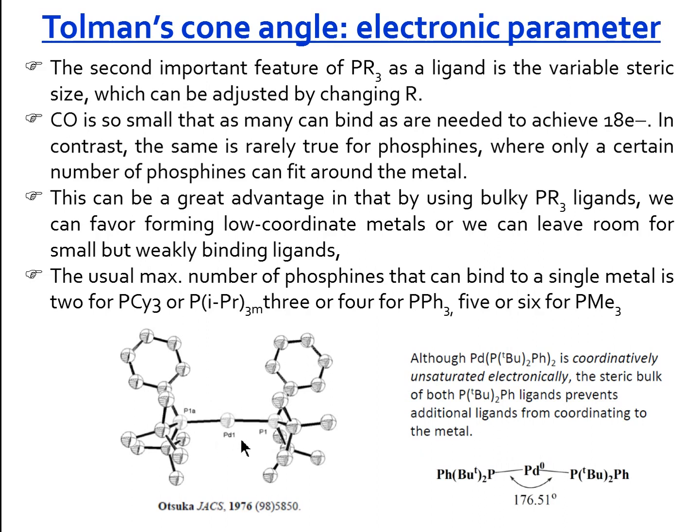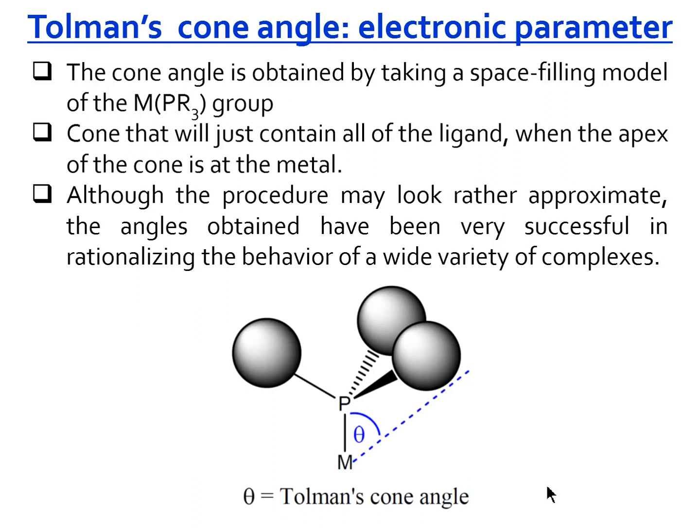And this complex is not an 18-electron complex, so it could receive more phosphine ligands. But due to the presence of these bulky groups, it prevents the addition of other coordinating ligands to palladium.